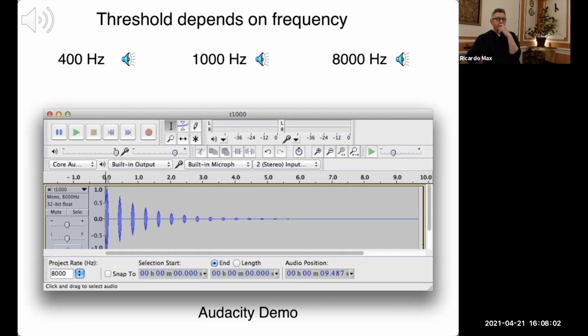We would count more repetitions in the area of 1,000 hertz. We will stop hearing the same amplitude for 400 hertz and 8,000 hertz before we would stop perceiving sound for 1,000 hertz.